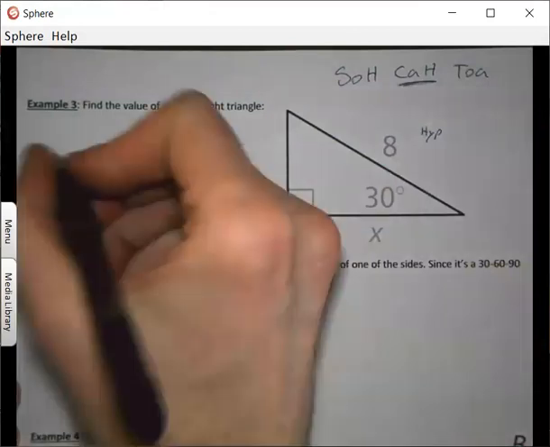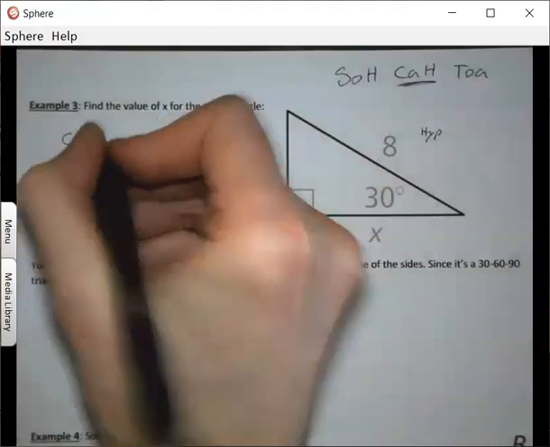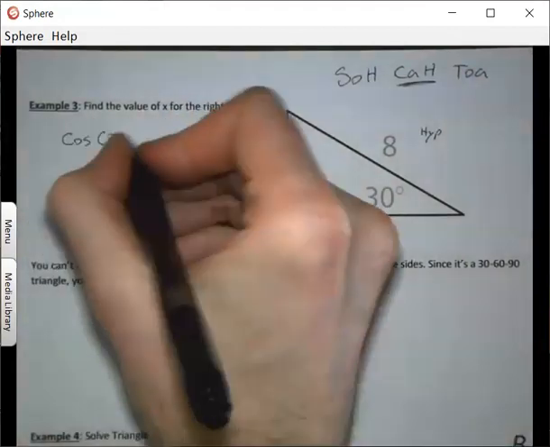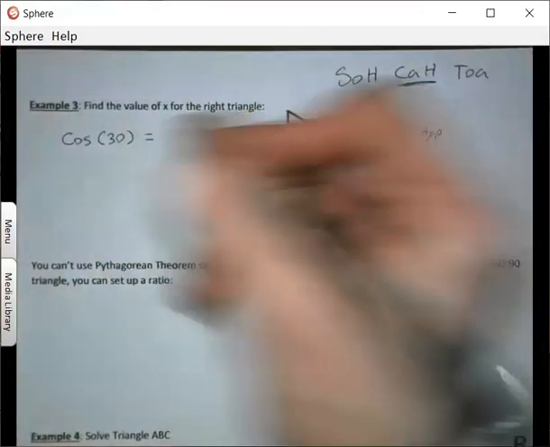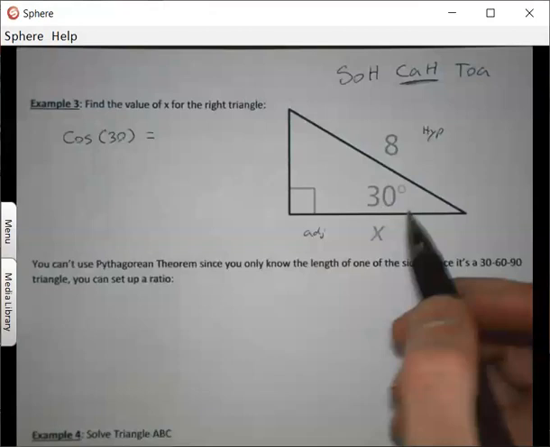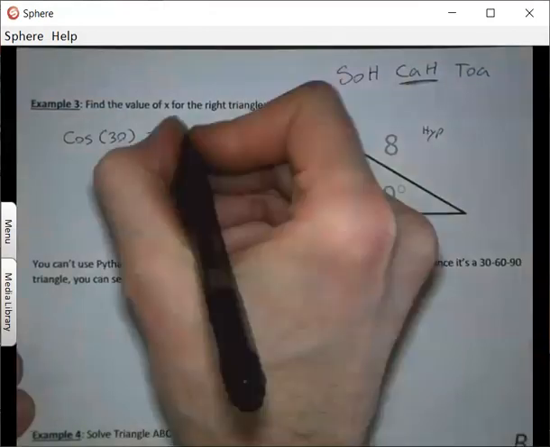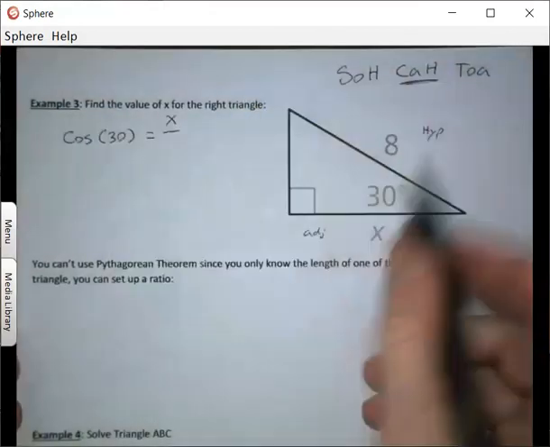We say the cosine of our angle is going to be equal to adjacent over hypotenuse.